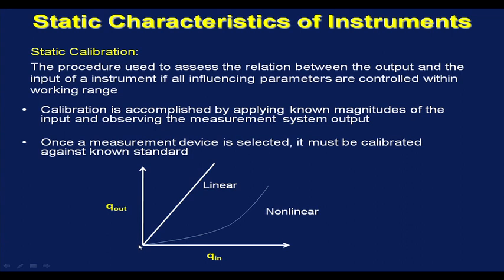So, we keep all the influencing parameters or all inputs except one constant and vary this one over some range. Each time we note the instrument's output and can generate the relationships that exist between this set of inputs and outputs.